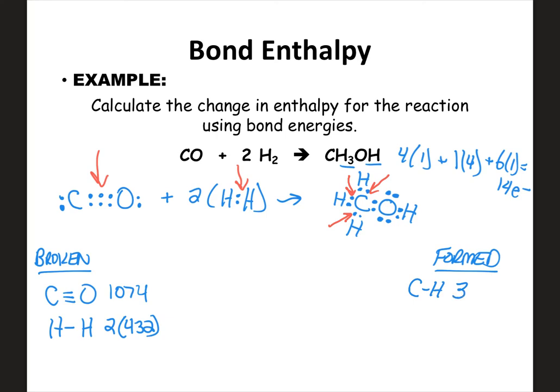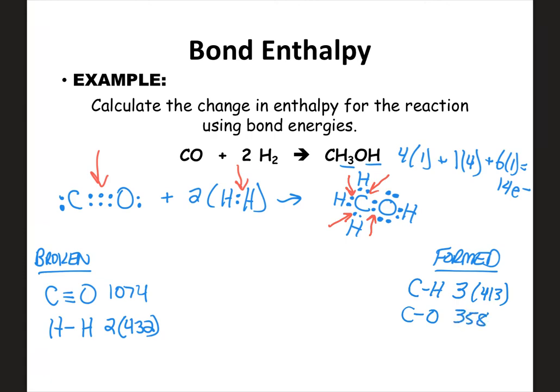When you look that up on your list, it's going to be 413. So each CH single is 413, but there are 3 of them. What other bonds do I see? Well, I see a CO single bond right there. There's just one of them that's going to form. When I look that up on my list, that's 358.